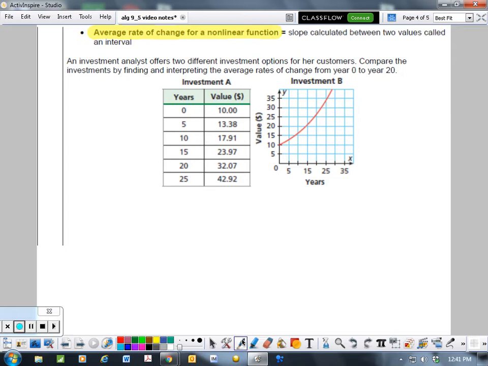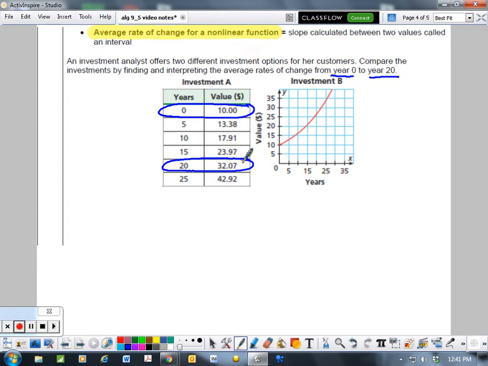So in our nonlinear situation, an investment analyst offers two different investment options for her customers. Compare the investments by finding and interpreting the average rates of change from year 0 to year 20. So I'm really looking at year 0 and year 20, and I'm going to calculate that rate of change. So I'm going to calculate slope, really.